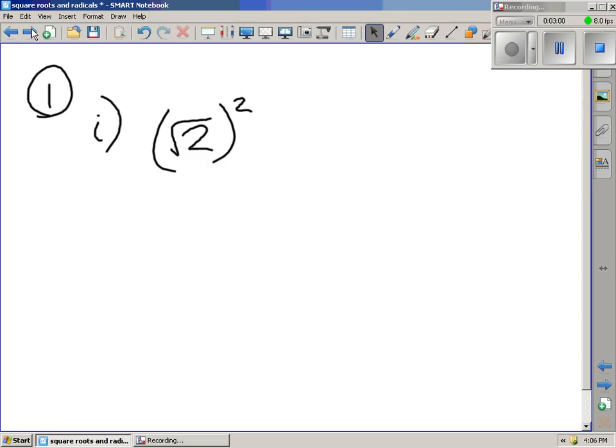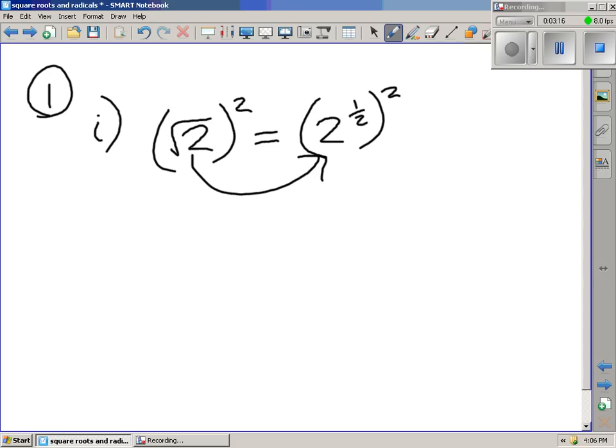So in this case, for number 1, what I did is I went ahead and wrote it as the square root of 2 because I wanted you to see that in the book what they did is they changed this to 2 to the power of 1/2, and then they're going to put it to a power of 2. So then we can use the rule power to a power you multiply, and we get 2 to the 1/2 power times 2, which I'm going to write as a fraction. I'm going to write the integer 2 as 2 over 1.